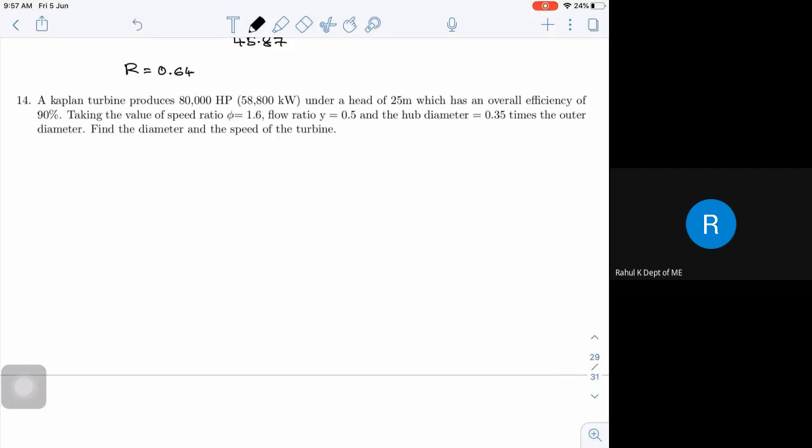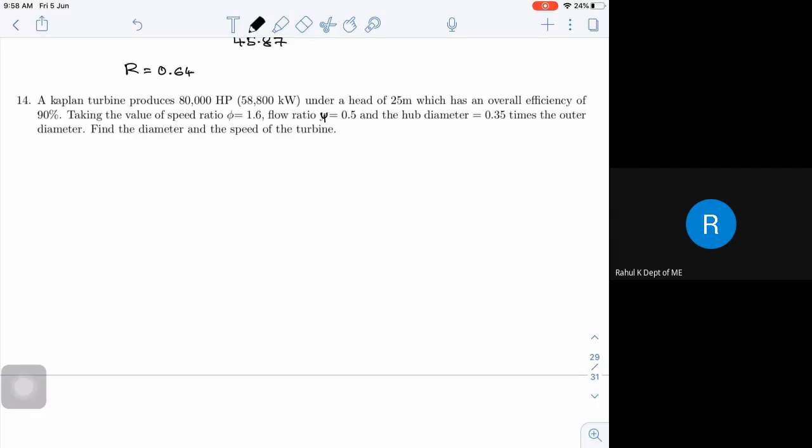If the speed ratio is taken as 1.6 and the flow ratio, that is psi, is around 0.5, and the hub diameter is 0.3 times the outer diameter, find the diameter and the speed of the turbine. So this is what they've asked us to find.